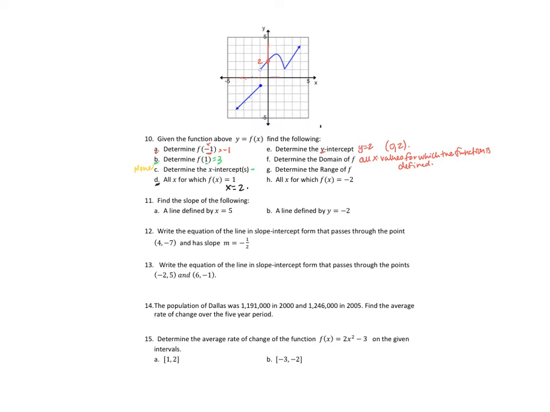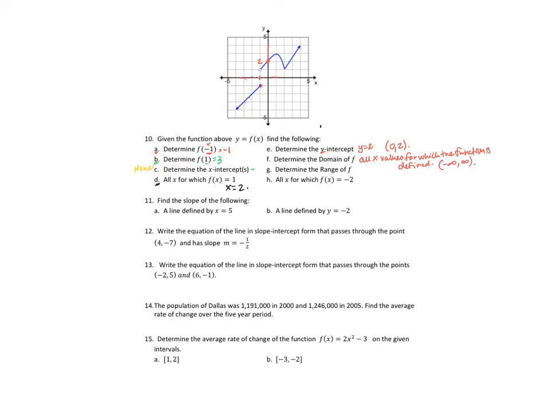And so this is actually defined for all x values. If you look here at negative 1 is the only one that seems interesting, but the graph is defined at negative 1, and it's defined everywhere else too. So the domain is all real numbers, or you can write negative infinity to infinity.